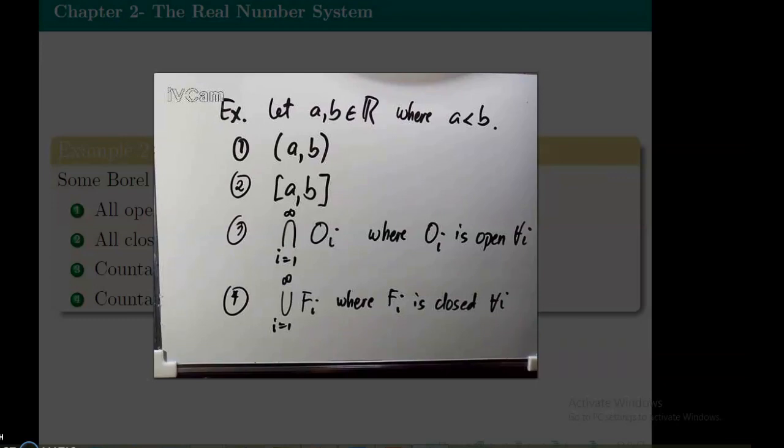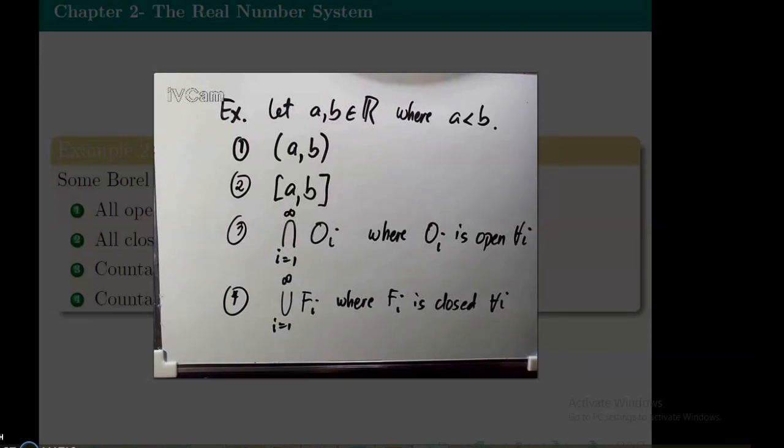So this open interval here is an example of a Borel set. Another one here is also an example of a Borel set, because this is a closed set, and we know that a closed set is a Borel set.